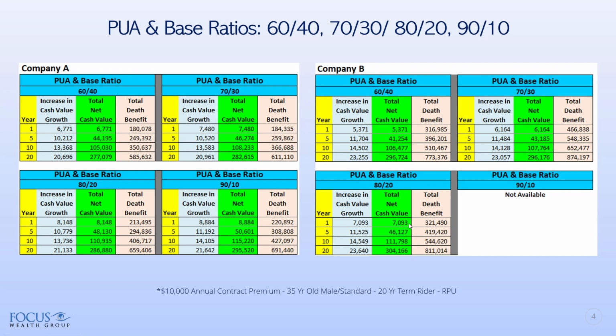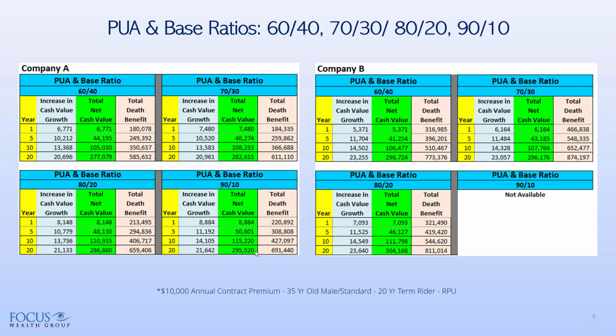So company B in year one, $7,093 compared to company A's 90/10 design of $8,884. But in year 20, company B's 80/20 design has higher cash value than company A's 90/10 design. It's $304,000 compared to $295,000.